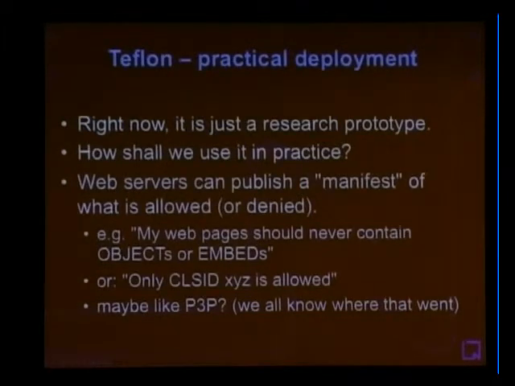But the thing to think about with Teflon is, right now what I'm working on is how can we make such technology built into the browser? How can we make this work in practice? How would this happen? Maybe with Teflon you have a list of known malicious objects, something like Microsoft Killbit stuff.